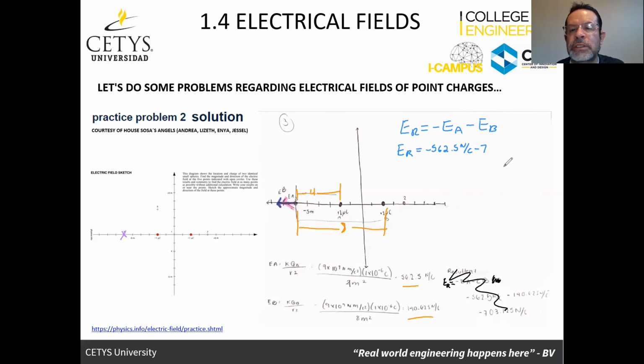And that resulting electrical field is, I'm sorry, not minus 703, that's EB. The result is minus 1265.625 newtons per Coulomb. And the negative sign there is important because this means that the resultant electrical field is pointing this way.